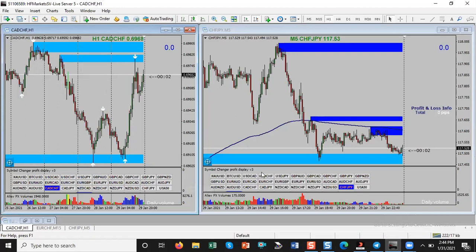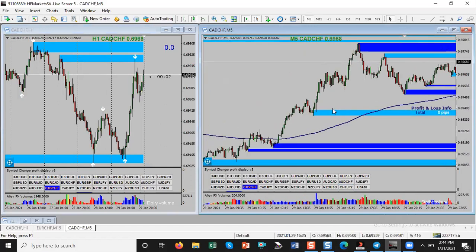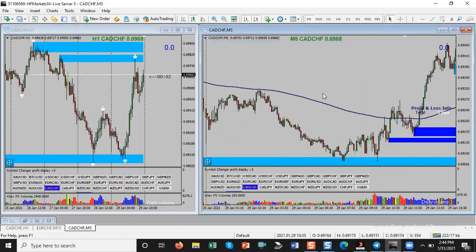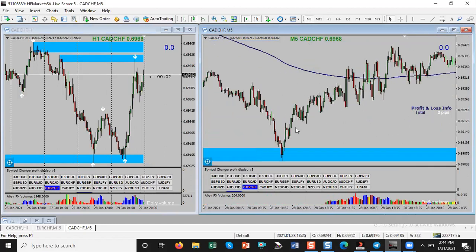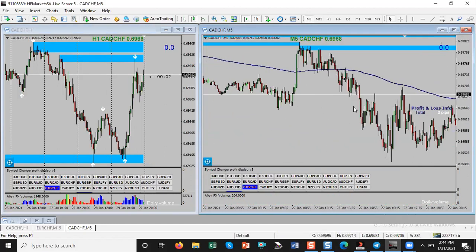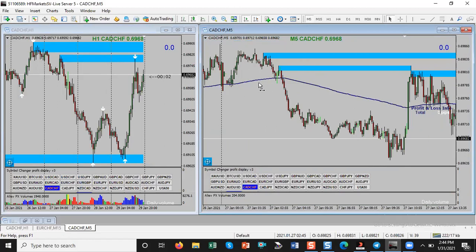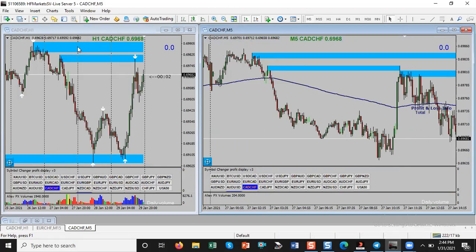That is CAD CHF on the 27th. So which is here. So look at after this was created.